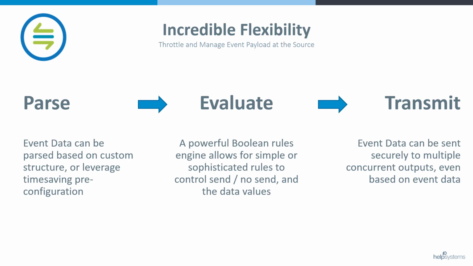If somebody deletes an object, maybe that's a more rare event, and you not only want that to go to the enterprise SIEM, but you also want it to go to a message queue so the application administrator can be made aware. And so based on the fact that the event type is different, we can send to different outputs, but we can also do it based on the data. Maybe the object is created in a production library versus a non-production library. Same type of event, but has a different library name within the data, and we can evaluate that and then transmit differently.